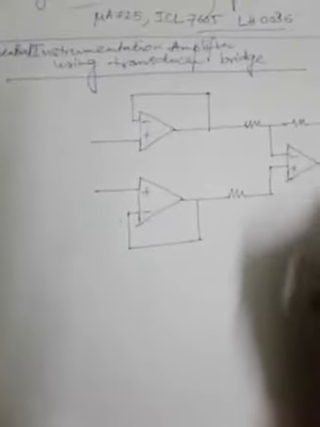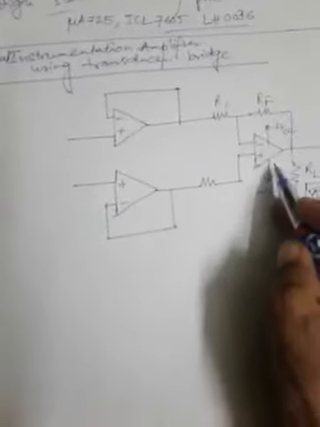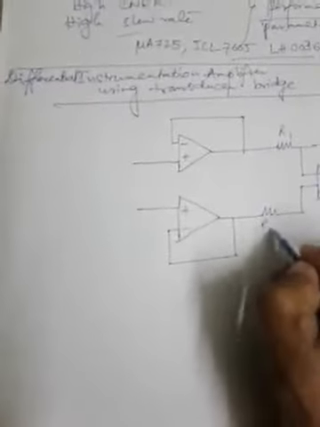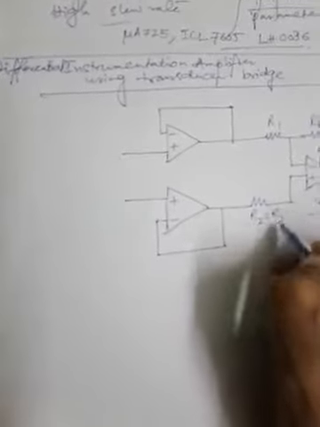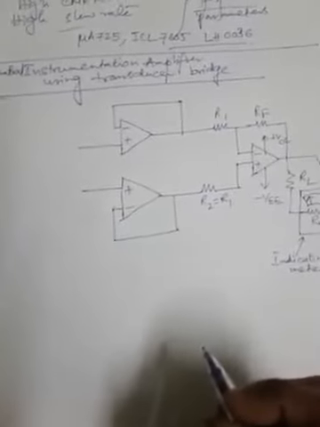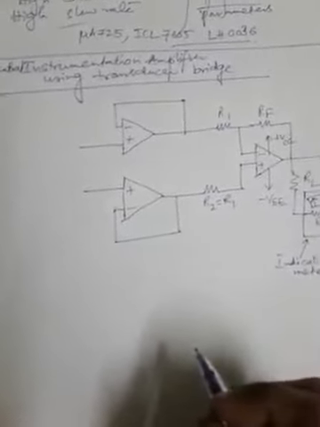This is load resistance RL. This is feedback resistance for the second stage of amplification or second stage of op amp. This is R1 for this stage, and this is R2. R2 is equal to R1.